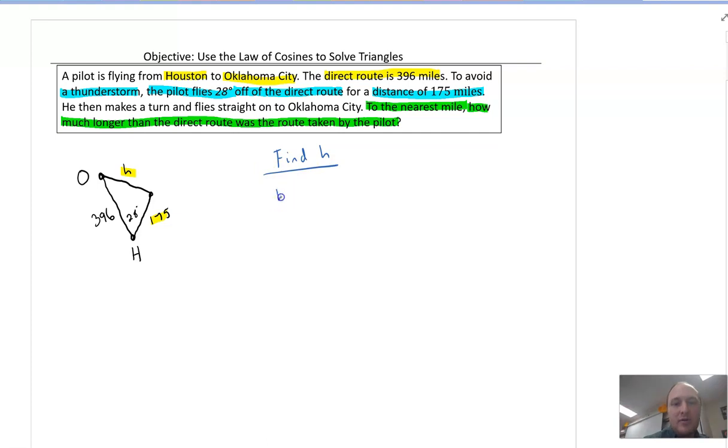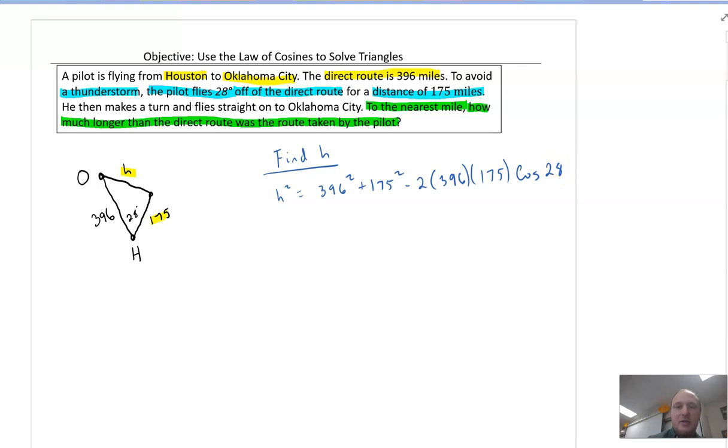So find h, I'm going to have to use law of cosines. Remember, h squared is equal to the other side squared, so 396 plus 175 squared minus 2 times those two sides, times cosine of that angle, which is 28.